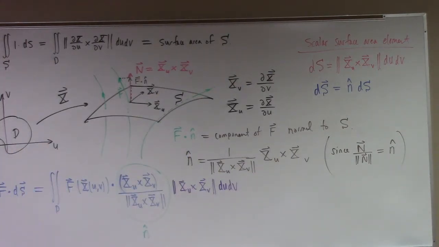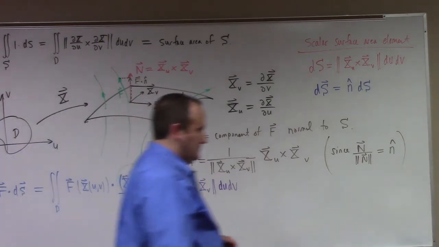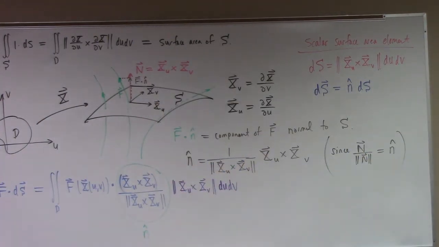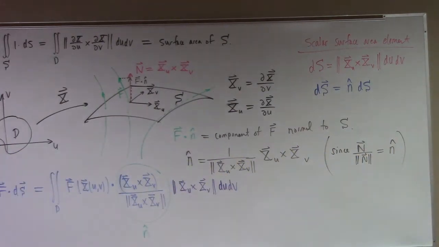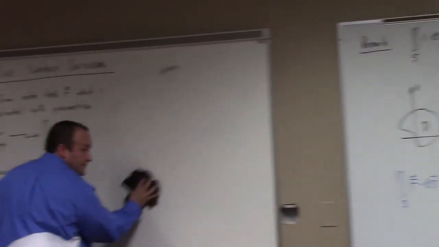So let me do one. Let us start with something that's actually not that easy, but it's a good one. Let's start with the sphere. What I want to discuss with you guys is how will we set up the flux integral through a sphere?